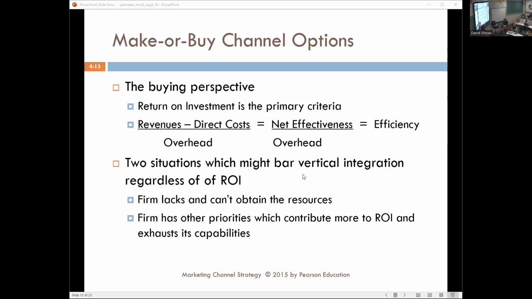But it could also be that I have other priorities which contribute more to the return on investment and exhaust those capabilities. And the more I've read about Toyota, it's interesting because they were the first ones into the hybrid market, but it seems like they're going to be the last one into the electric vehicles. And I think that has to do with Toyota right now having higher priorities that they're working on besides doing electric vehicles.